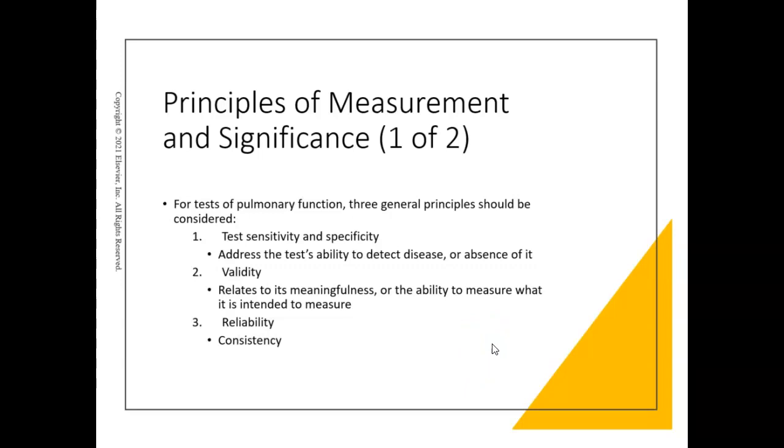So when we are doing our measurements for pulmonary functions, they talk about sensitivity and specificity. This is how easy it is for this PFT test to detect the disease or the absence of the disease.